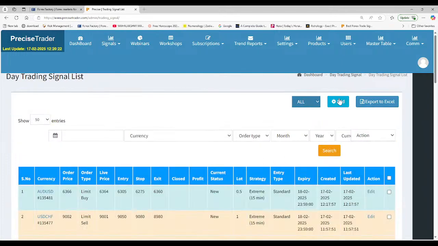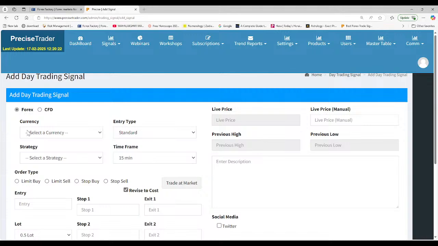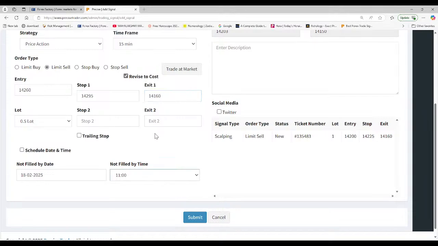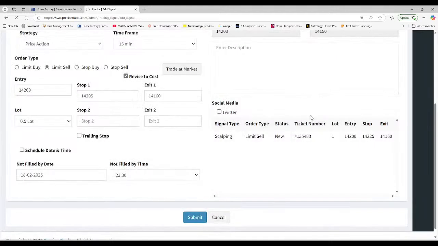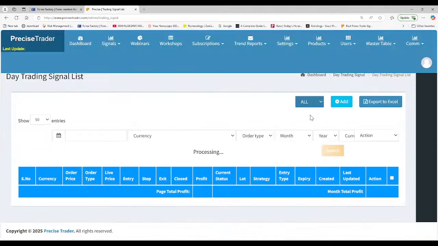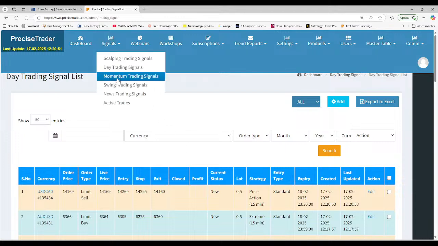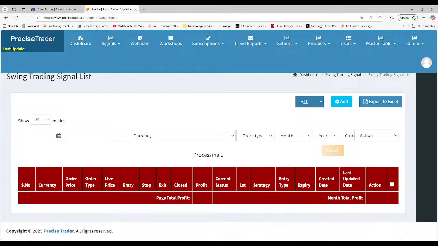And day trading, I said about selling at 142.5 or 142.60. So 142.95 and 141.60, and this is expiry until the next two time belts, until the US timing. Then finally we have swing trading.